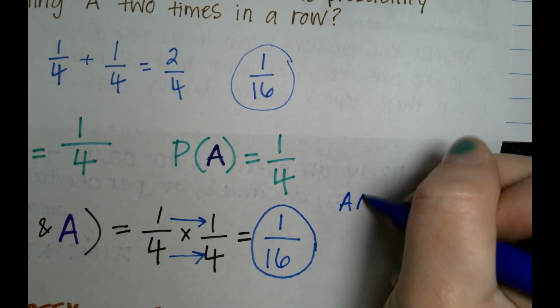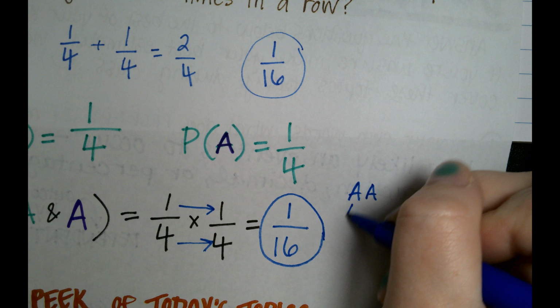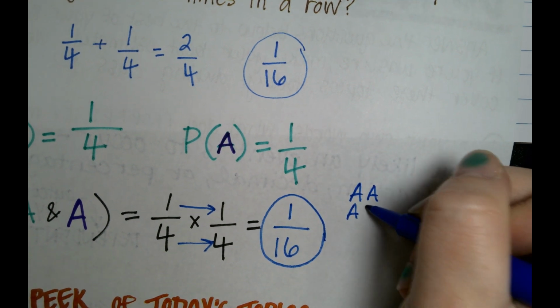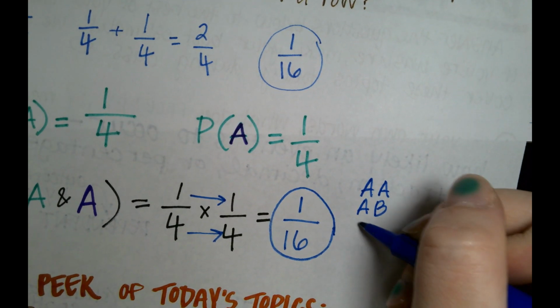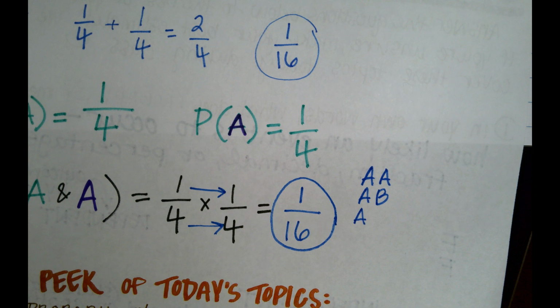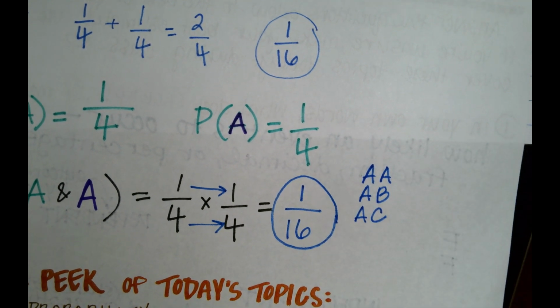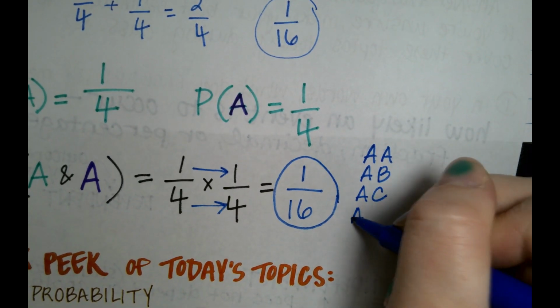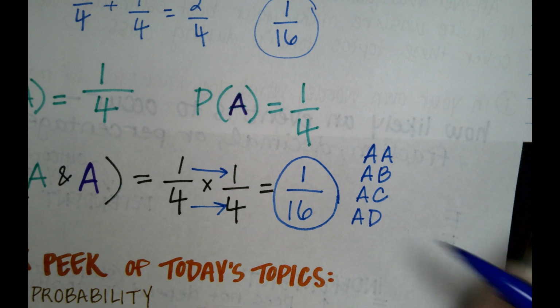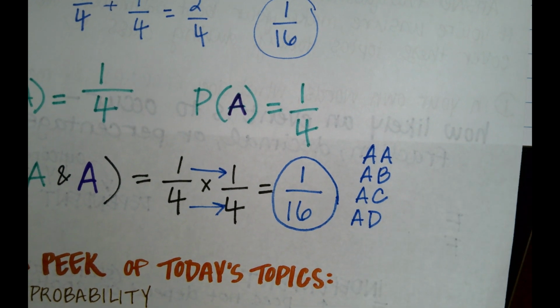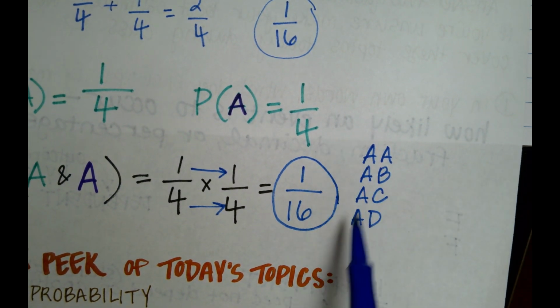I could spin A again. Let's say I spin A first. Maybe I could spin B second. I could spin A first. Maybe I spin C next. I spin A first. Maybe I could spin D next. Okay, so I've gone through all of the possibilities of spinning A first.